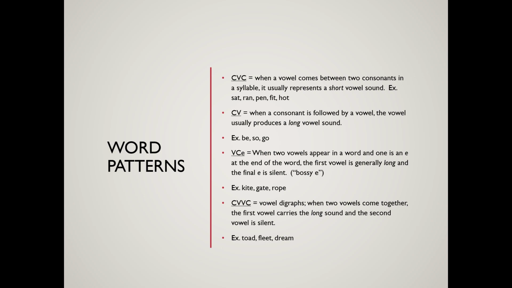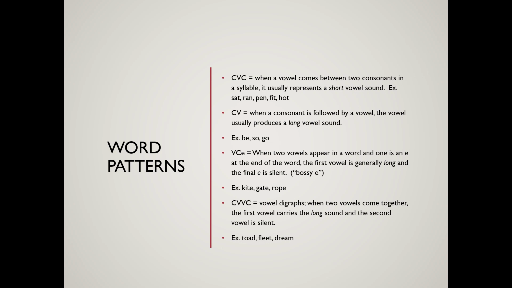A vowel between 2 consonants in a syllable usually represents a short vowel sound. Think of the words cat, sat, ran, pen. That's usually one of the first patterns of words that students learn.